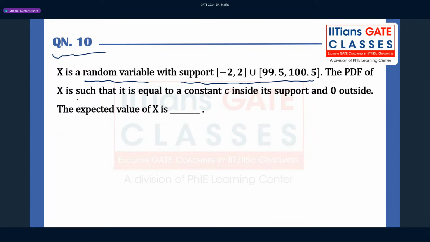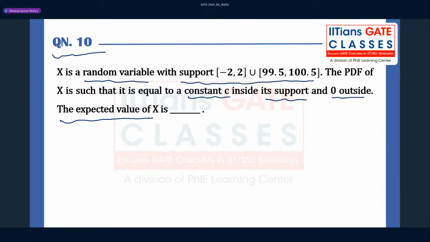The PDF of x is equal to a constant c inside its support, and 0 outside its support. Understood? So you have to find the expected value of x. That's it. This question can be done directly. It is a very simple question.